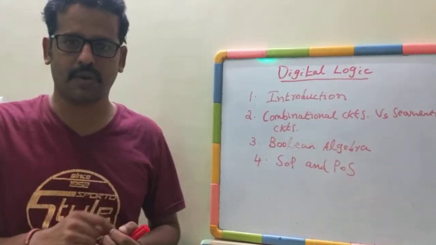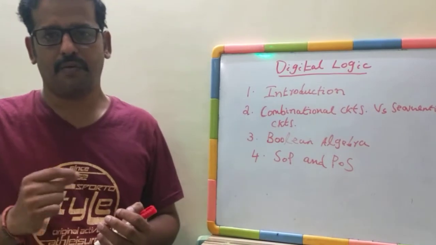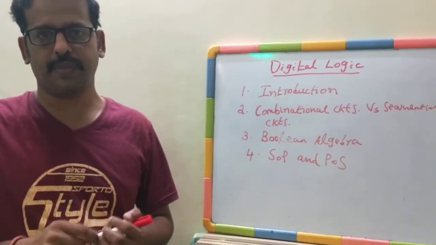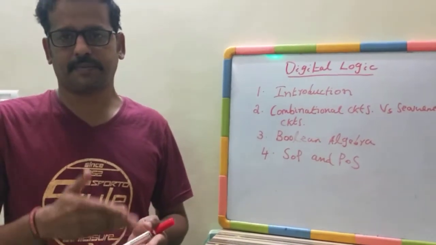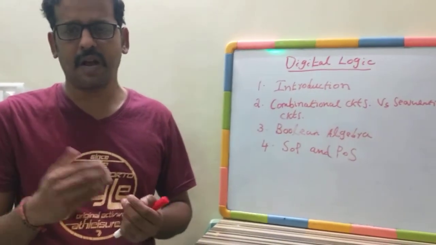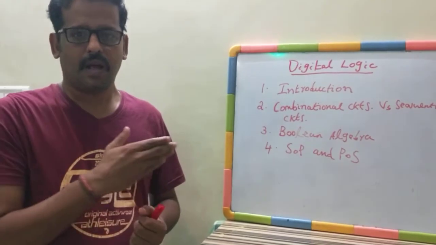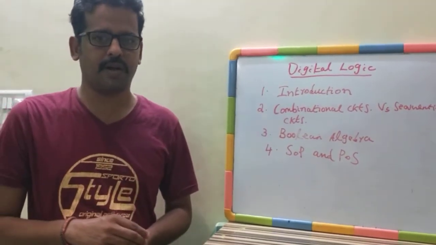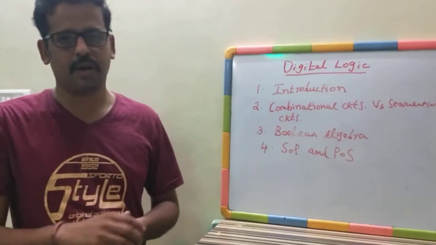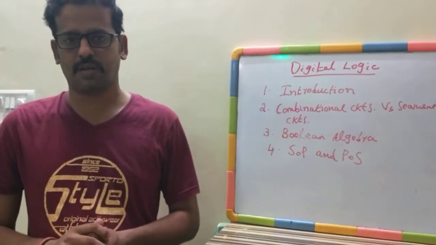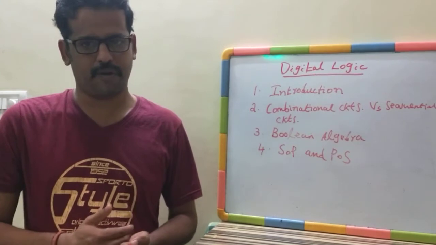Examples of combinational circuits are half adder, full adder, decoder and encoder. Examples of sequential circuits are flip-flops, registers and counters. The basic building blocks for designing combinational circuits are logic gates, and the basic building blocks for designing sequential circuits are flip-flops.